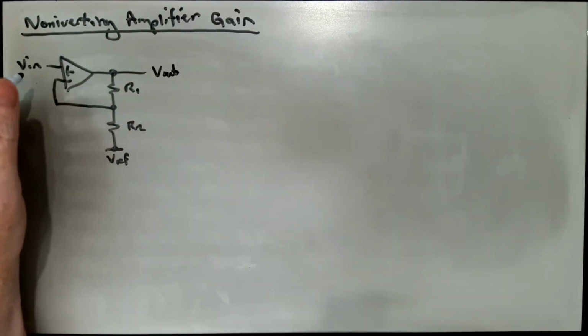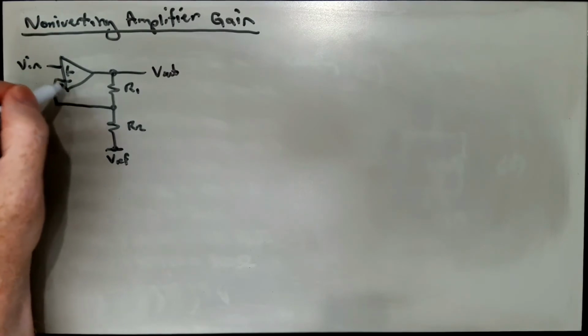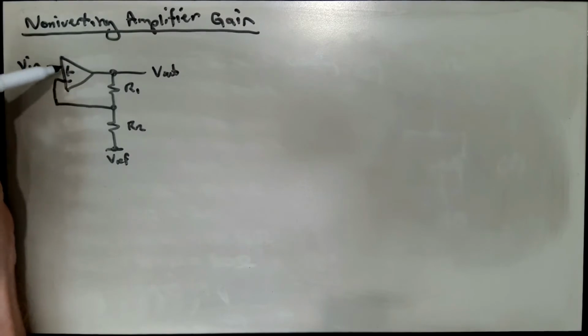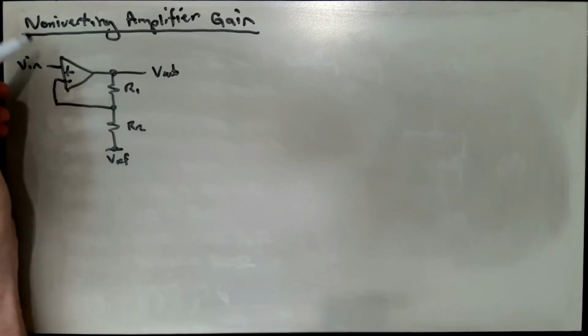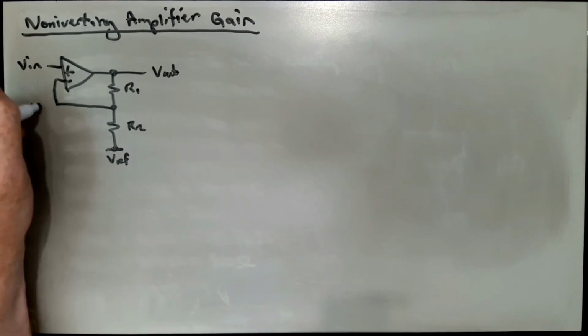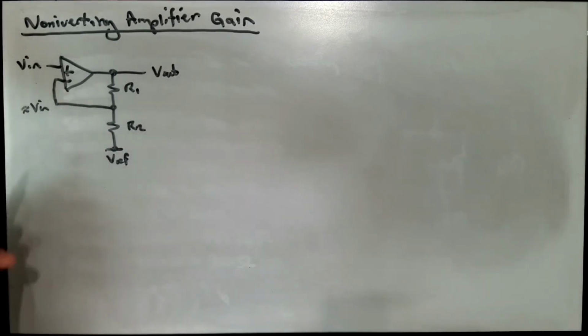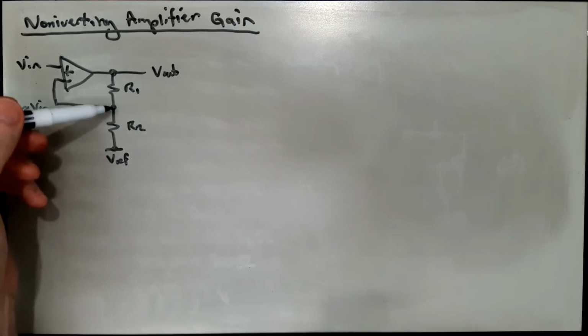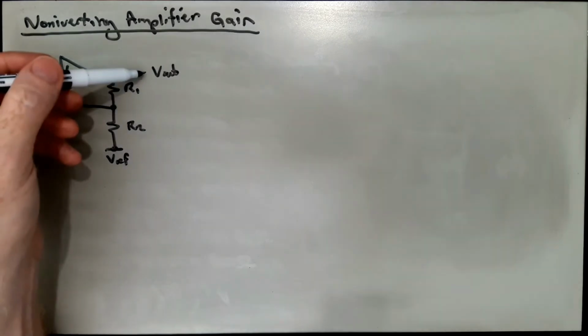As long as the output is not stuck at one of the rails, we know that the inverting input will be very, very close to V in, and so the drop across R2, which is V in minus V ref, should be a voltage divider ratio times the drop from V out to V ref.